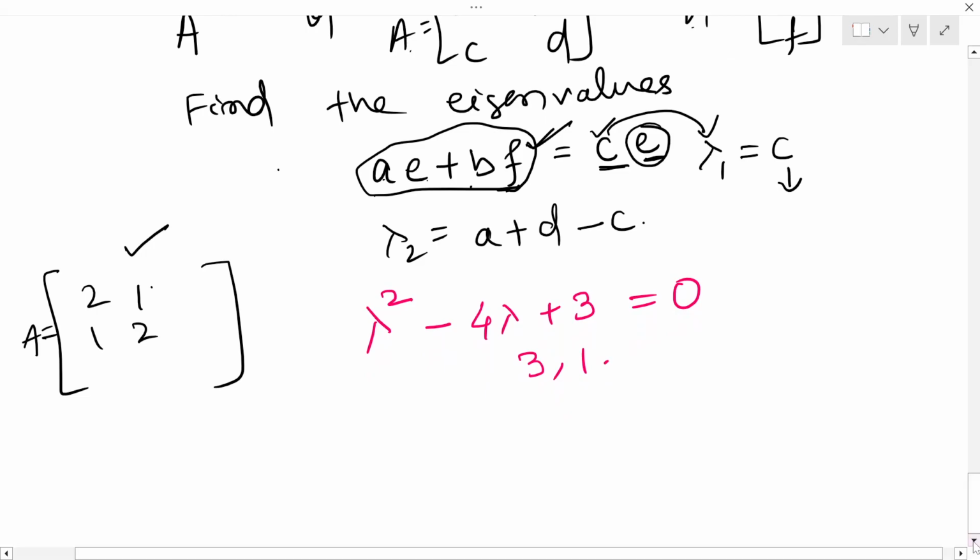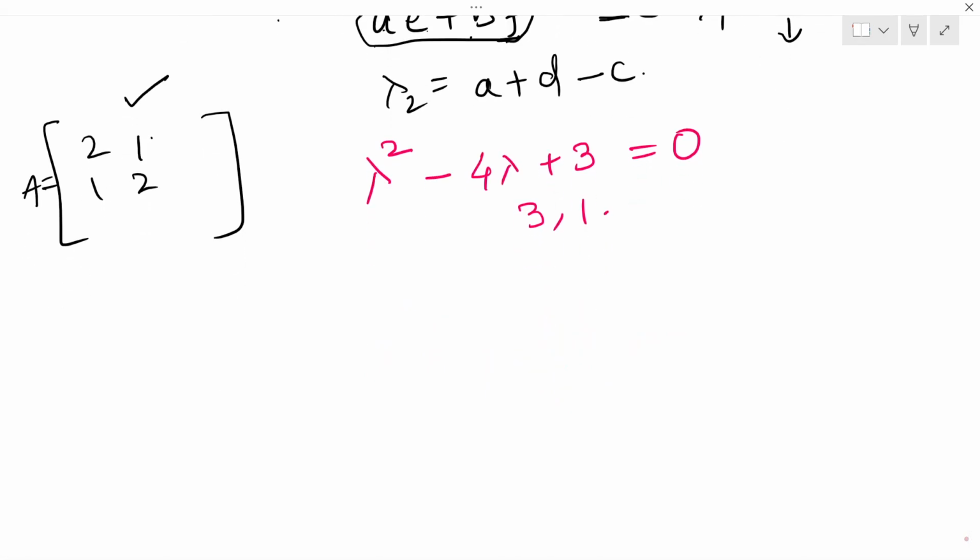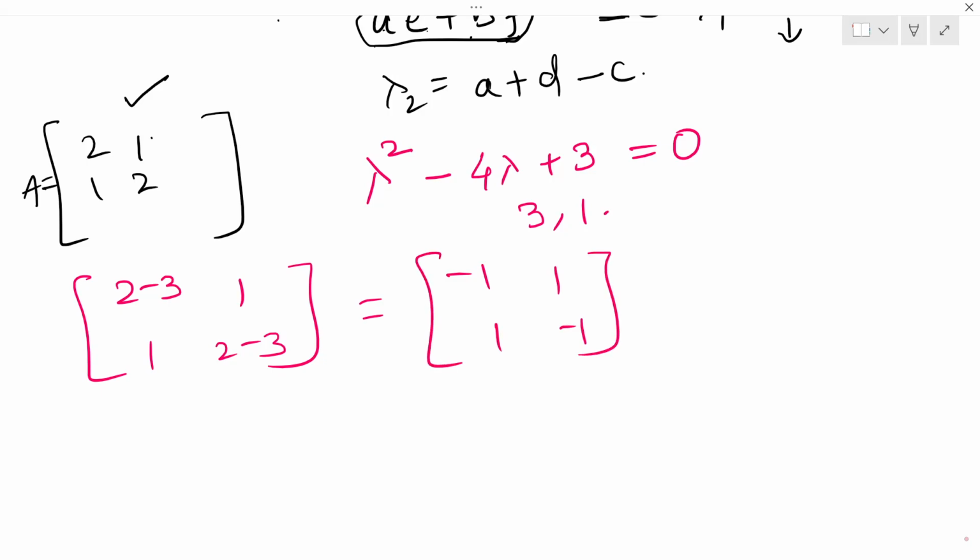Now what about the eigenvector? Suppose, let me substitute 3. In case of 3 it is 1 1. When I substitute 3, it is 2 minus 3, 1, 1, 2 minus 3, that is minus 1, 1, 1, minus 1. Here the first component and second component are of the same value.